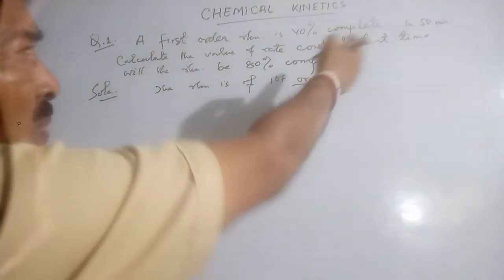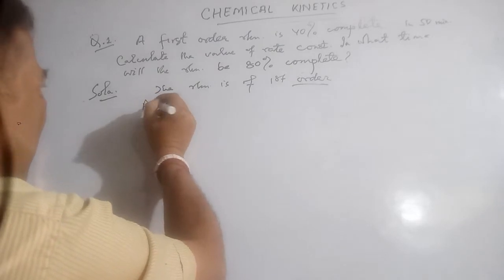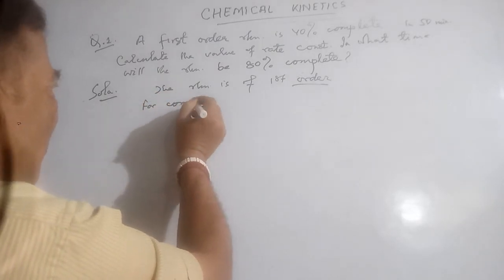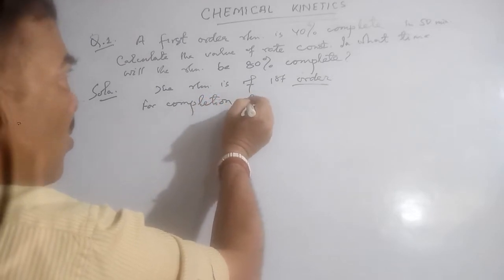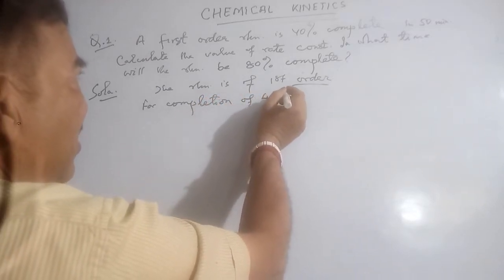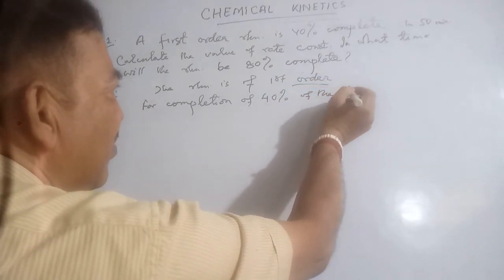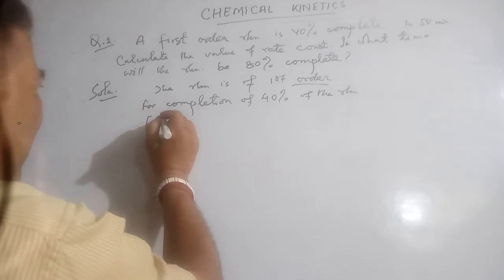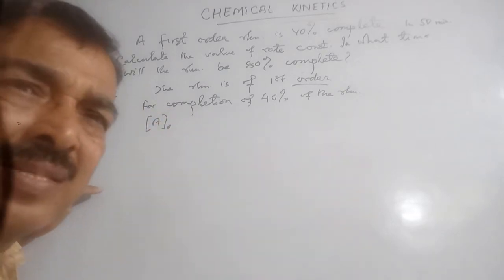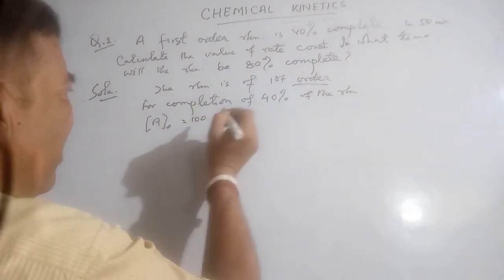Now since two parts are there, let's go for completion of 40% of the reaction. Here let us take that the initial concentration of A is equal to 100.